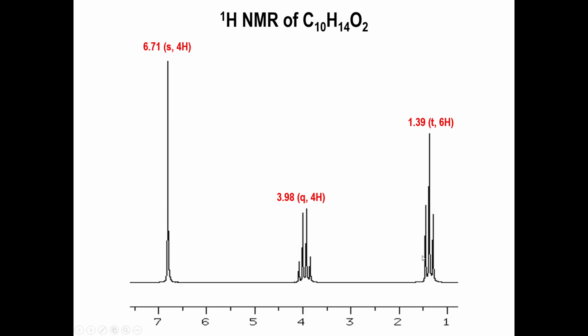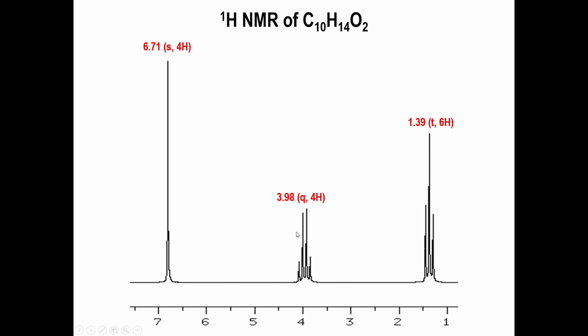Now, on top of that, notice that we haven't addressed the oxygens yet, right? Well, that has to do with this quartet peak, because this quartet peak falls around 4 ppm. And we already established that this is a quartet because next to you, you have a CH3. But because this is 2 H's for every 3 H's, this is a CH2 that happens to be next to a CH3, right?